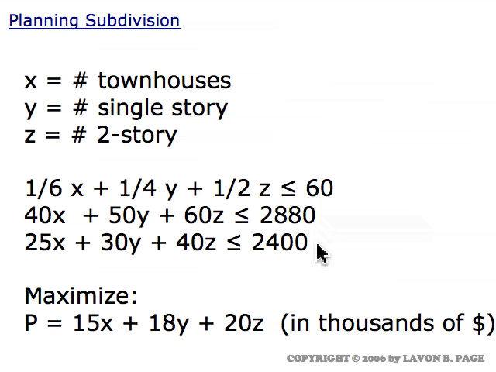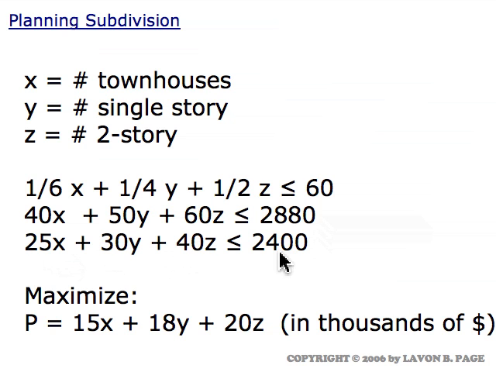And in the third constraint, this coefficient starts out as 2,500, 3,000, 4,000, and 240,000, and I'm dividing by 100 to knock off some extra zeros there. So that's optional, but it makes the graphing easier to do by doing that.